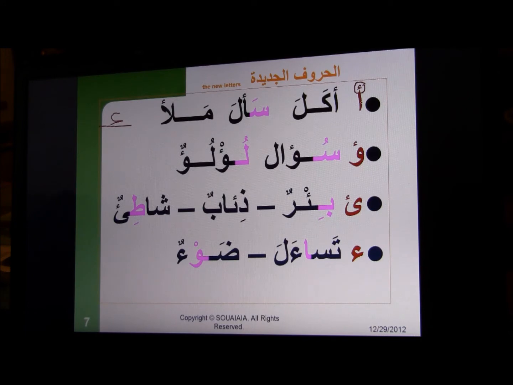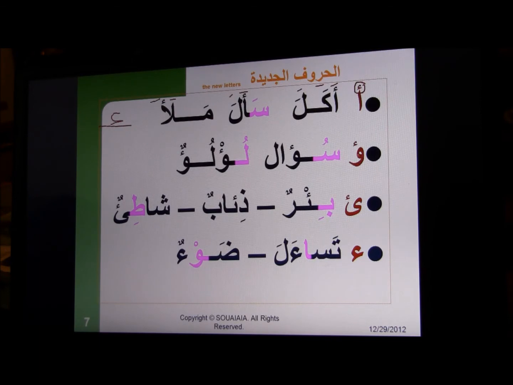It just takes it as a seat and behaves on its own. So akala, which is to eat, or sa'ala, to ask. Notice that the final alif, if it follows the lam, it's that 45 degrees angle, mala'a.